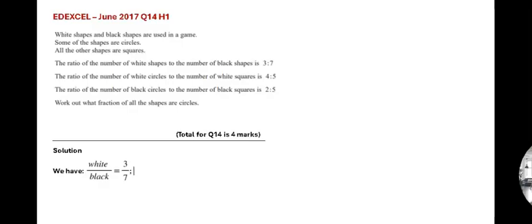We also know that white circle over white square is 4/3. And finally, another piece of information is that the ratio between the black circles and the black squares is 2/5.